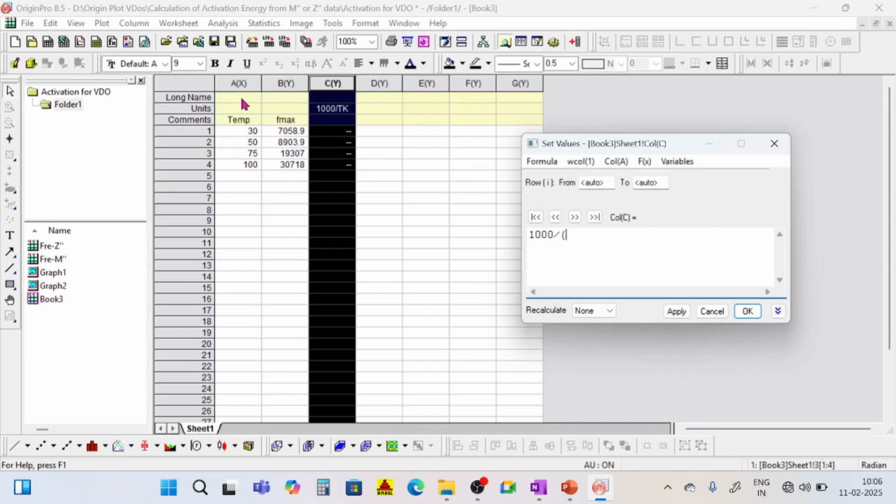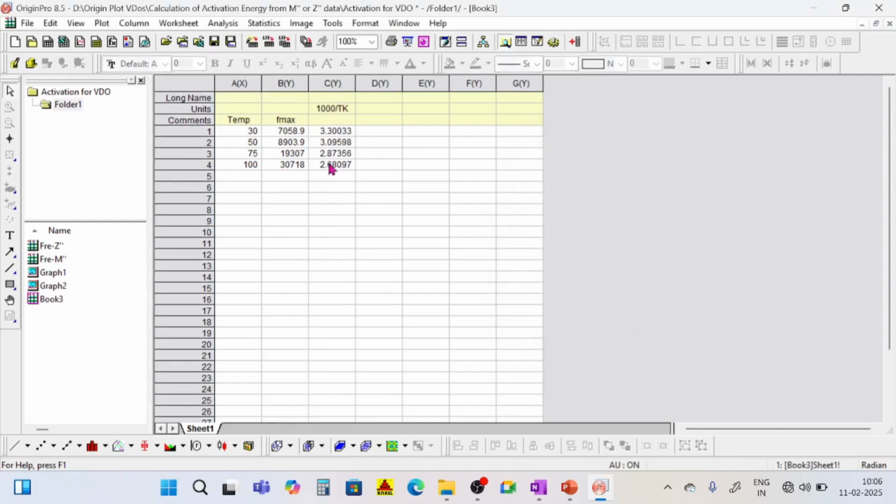Here column A, whatever the temperature we have in degree centigrade, so column A plus 273. Now this denominator is converted to Kelvin, 1000 by Kelvin. Just apply and okay.